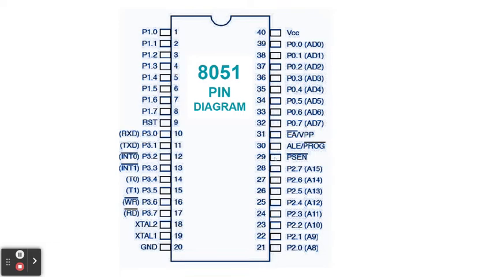Now moving on, number 29 we have PSEN. Number 30, we have ALE. Number 31, we have EA. And then from number 32 up to 39, we have ports P0.7 down to P0.0. This port 0 has another function aside from input-output.